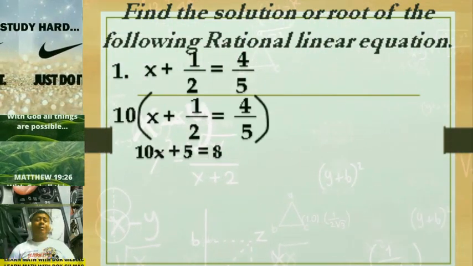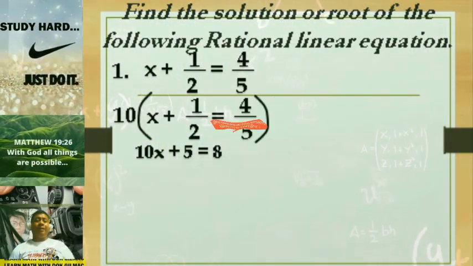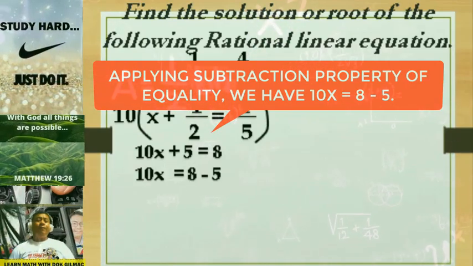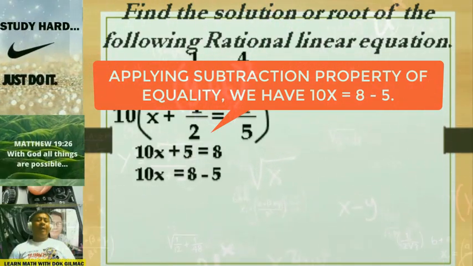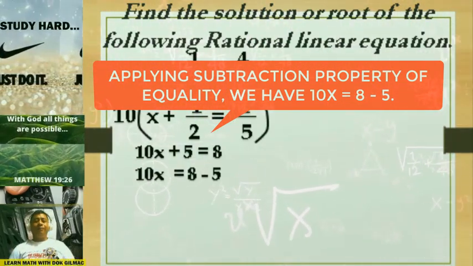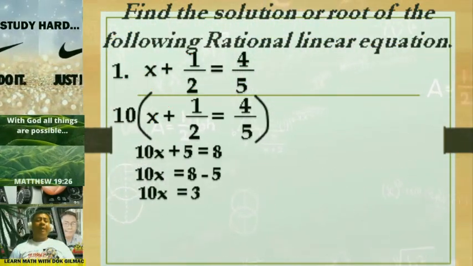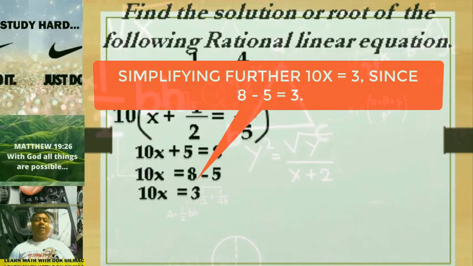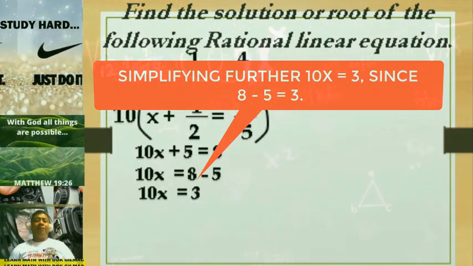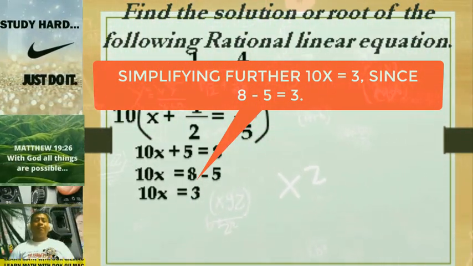Applying subtraction property of equality, we have 10x is equal to 8 minus 5. Simplifying further, we have 10x is equal to 3, since 8 minus 5 is equal to 3.